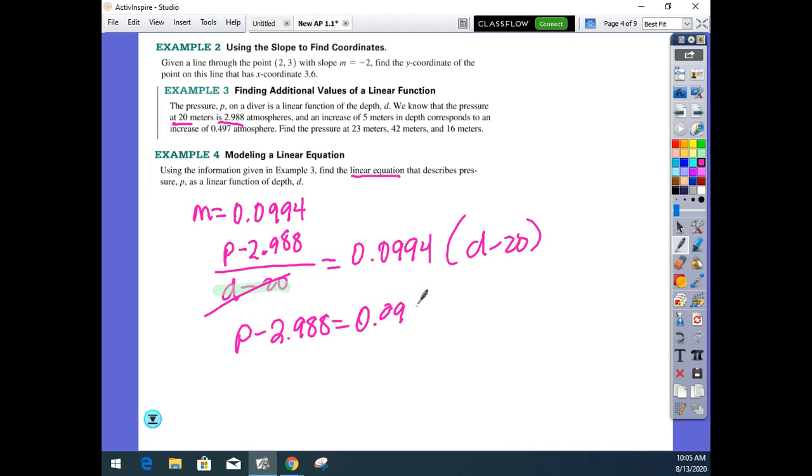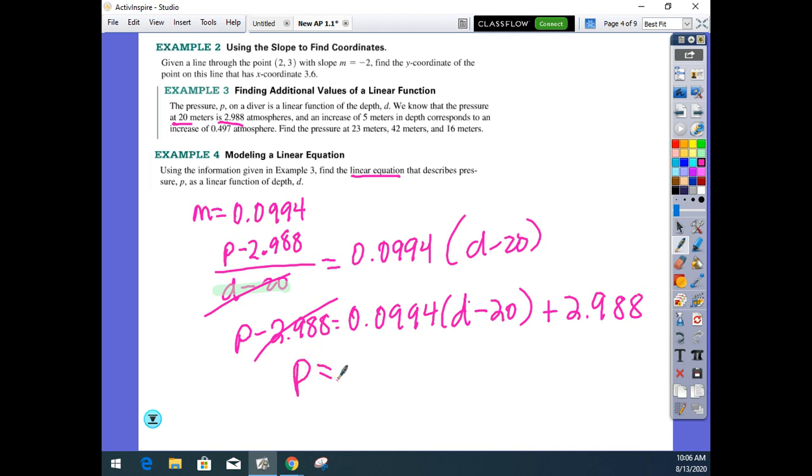Distribute this. All right, hang on a second. I didn't show my work, so I'm going to leave this like this. Add this to the other side.